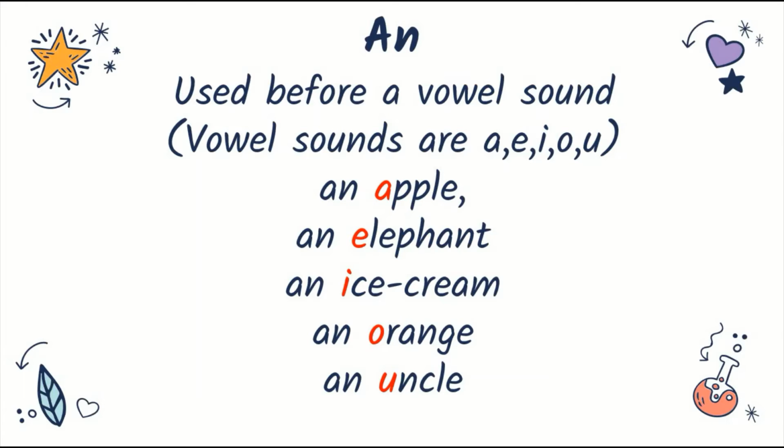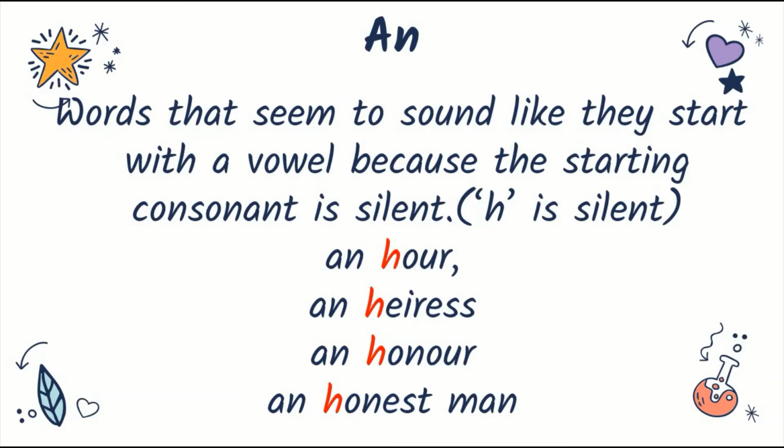However, there are certain words that begin with a consonant but sound like they start with a vowel because the starting letter is silent. For example, hour. Hour starts with an H but the H is silent.